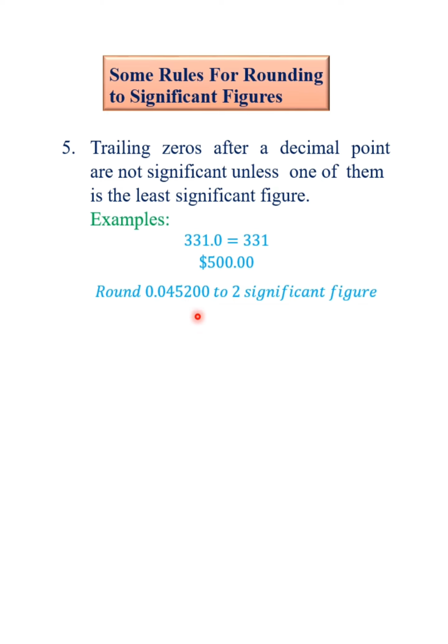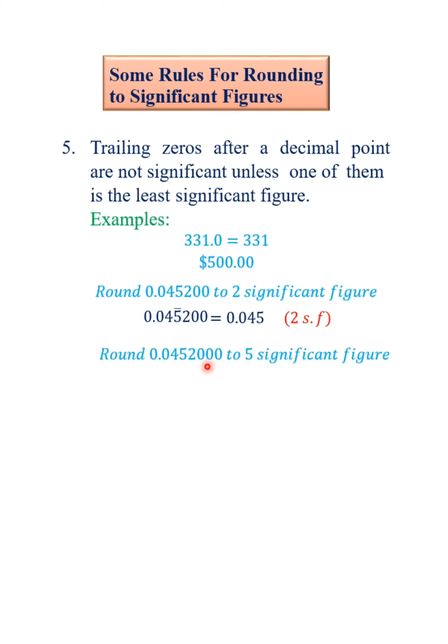So to two significant figures, our focus will be on the second digit 5. 2 is not up to 5, so we cannot round it up to the previous digit, and this becomes 0.045 to two significant figures. The trailing zeros do not add any value to this digit and they are not the significant figures we are looking for, so we discard them, and then we have 0.045 as the answer.